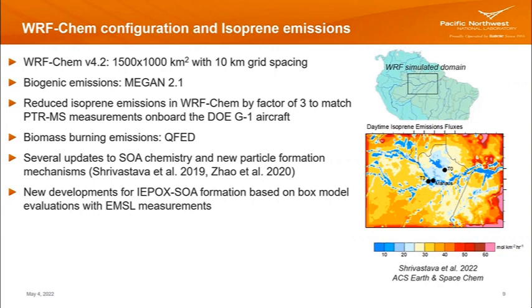And the G1 aircraft had the PTR-MS instrument on board. So that gave a nice constraint about isoprene emissions. So initially when I started modeling it, the WRF-CAM model was too high by a factor of 3 with respect to isoprene emissions. So we had to bring it down because I think it's really important to constrain the emissions also in addition to the mechanisms.